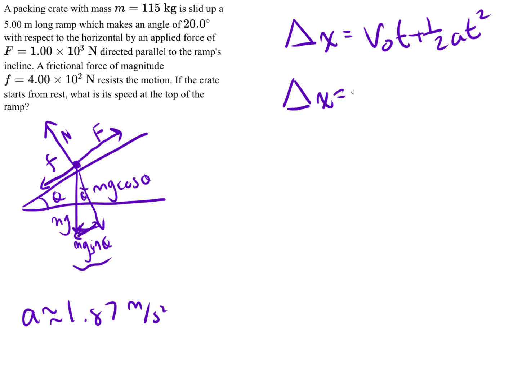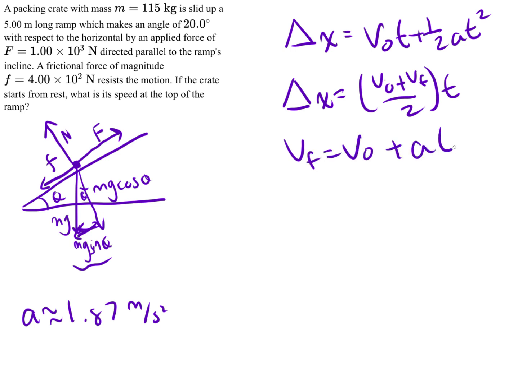The change in x, the displacement, is equal to the average of the initial and final velocities times the time interval. Then you have the final velocity is equal to the initial velocity plus the acceleration times the time interval.